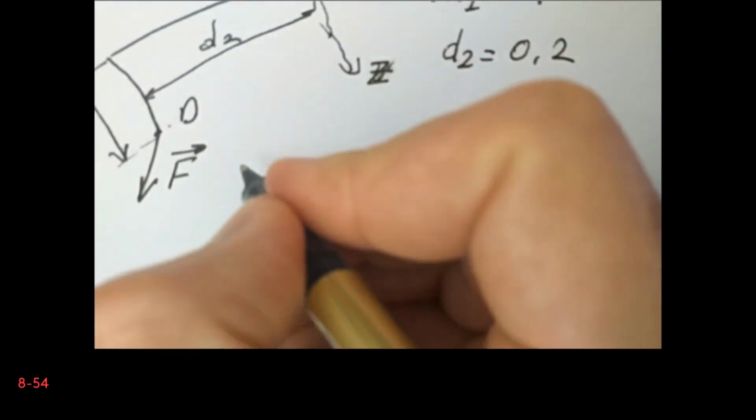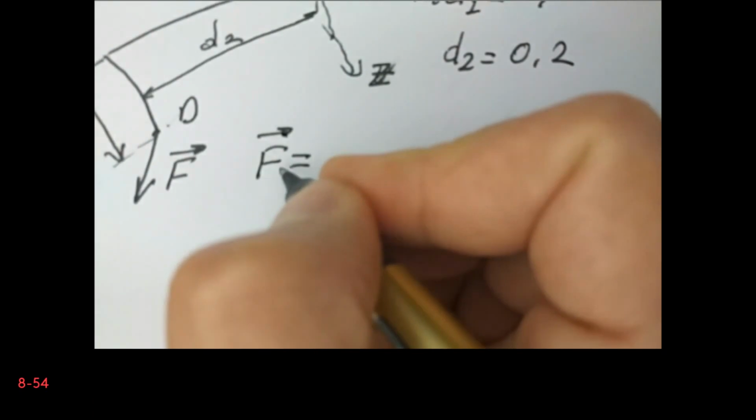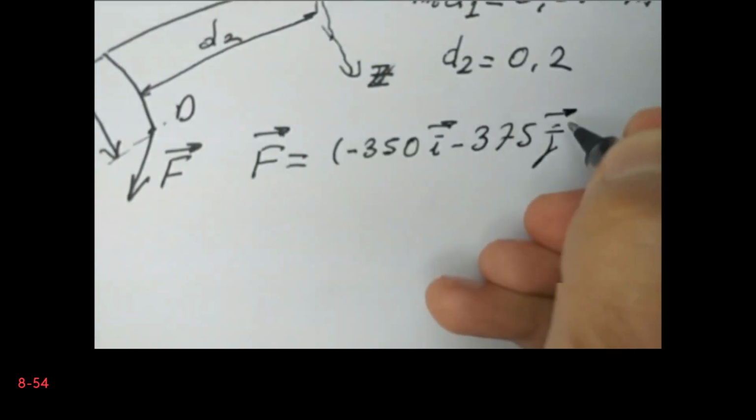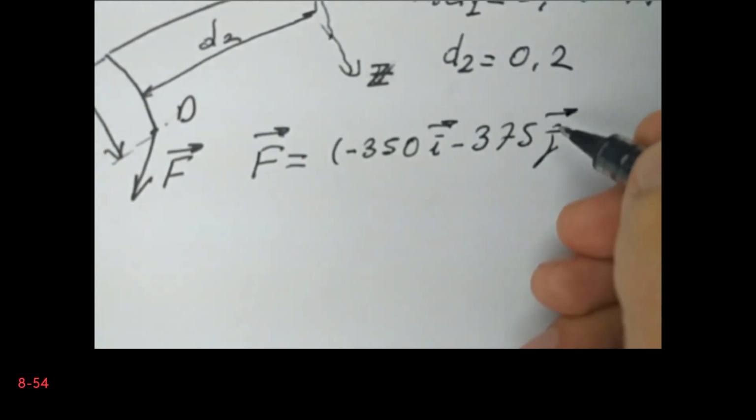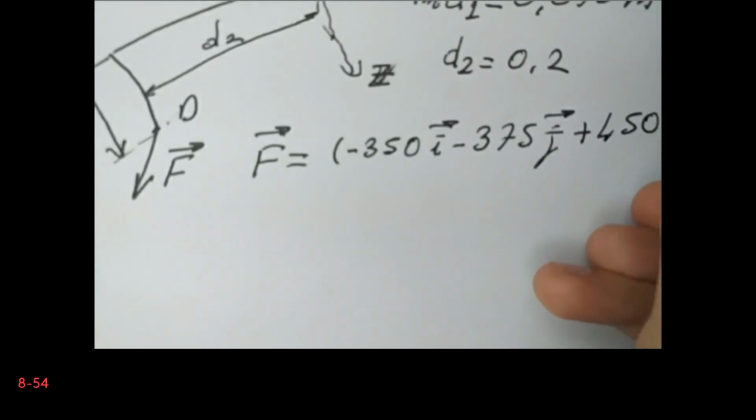Now F can be written easily because the components of the force are already given. We will write it in Cartesian coordinates. It's minus 350 I minus 375 J vector, and then plus 450 K vector.